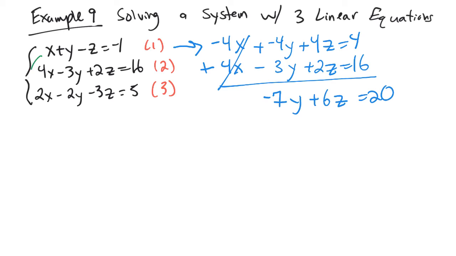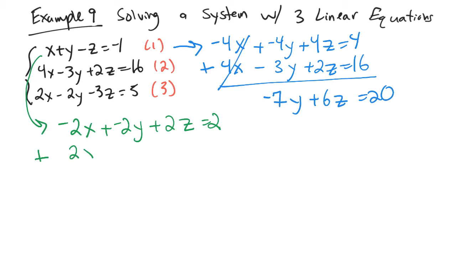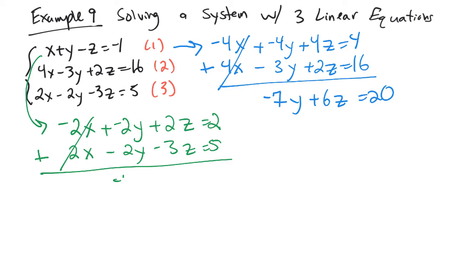So we now have negative 2x plus negative 2y plus 2z equals 2. We're adding this to the original equation 3. So our x's cancel out. We have negative 4y minus z equals 7.